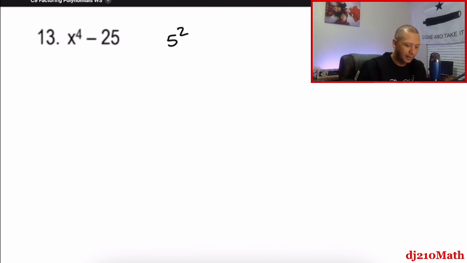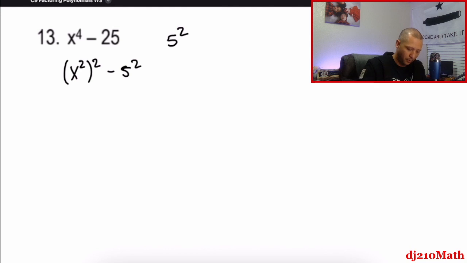And actually it can, because x squared squared is x to the 4th. We're using the exponent property that when you raise a power to a power, you multiply. So x squared minus 5 squared.